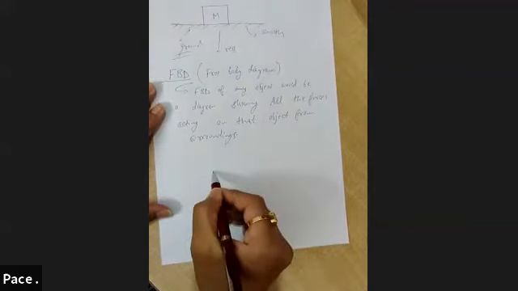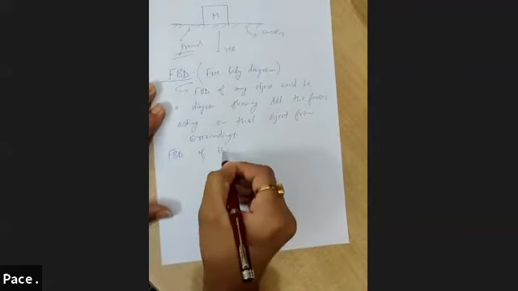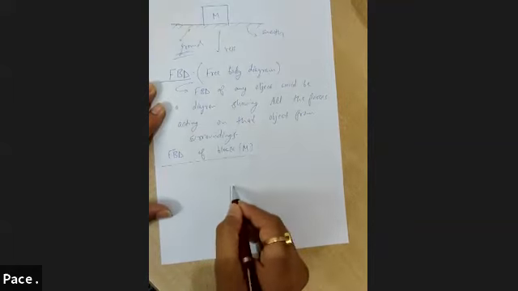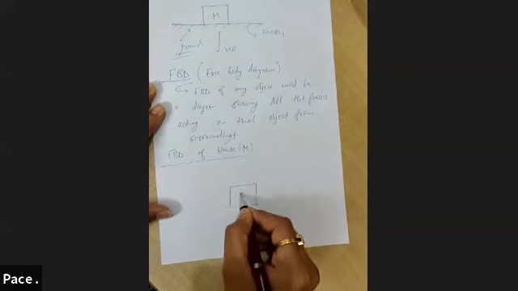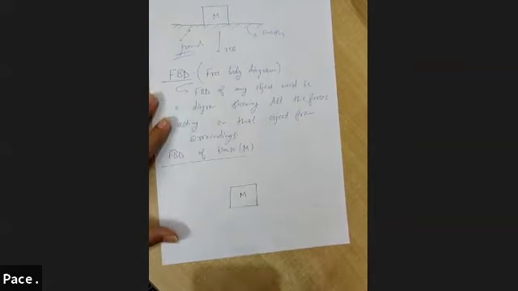Okay, so I'm drawing free body diagram of mass m. FBD of block m. So this one is the block of mass m. We all know that there is one force, gravitational force, always acting in downward direction on an object, and that would be nothing but mass multiplied by acceleration due to gravity g.